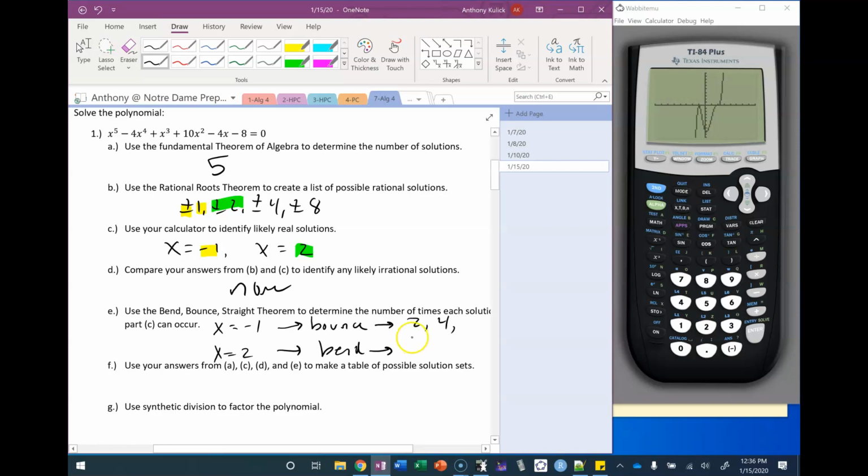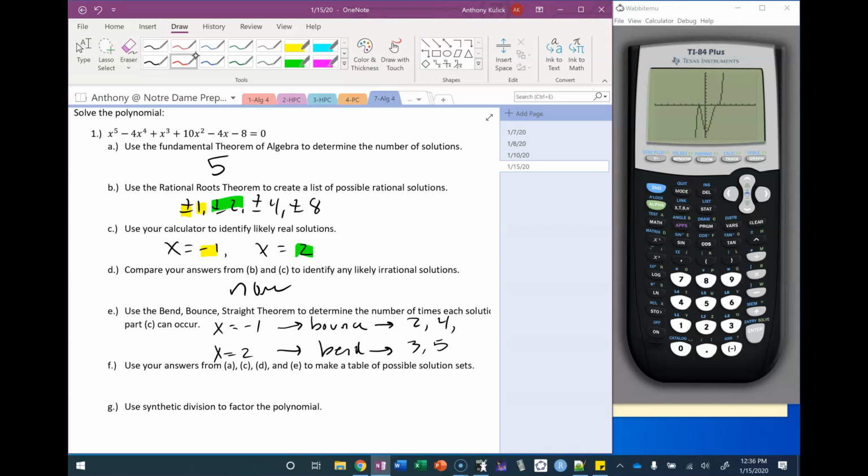Great. Bends, how many times can those be used? Odd, greater than or equal to 3. So 3 and 5, right? Could it be used 7? No, because 5 is the number of solutions I have. Now, could -1 really be used 4 times or 5 times here?